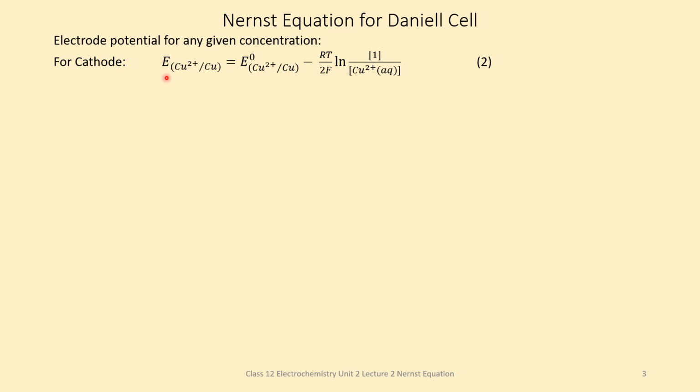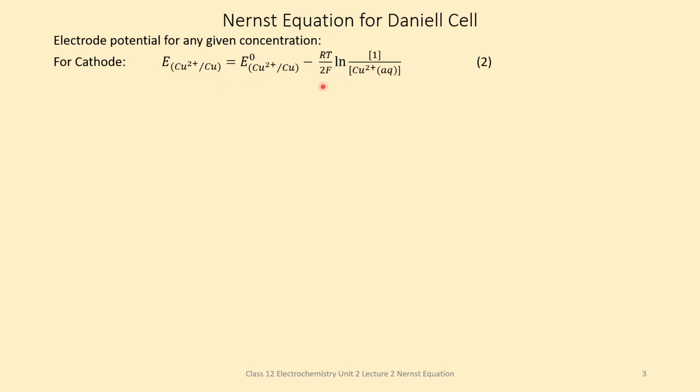So electrode potential E of Cu2+/Cu is given by, equals standard electrode potential E naught Cu2+/Cu minus RT over 2F log to base e of 1 over Cu2+ aqueous. Here we have taken 1 because of the pure copper.